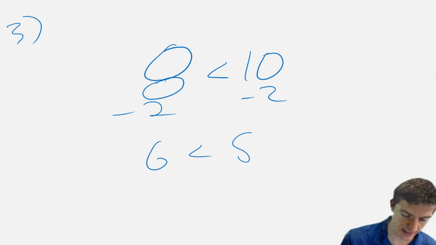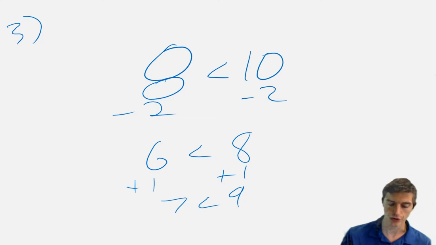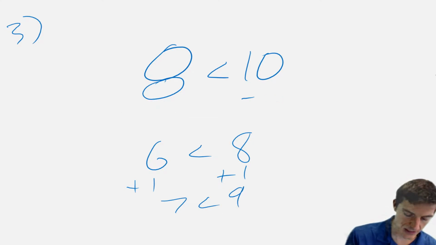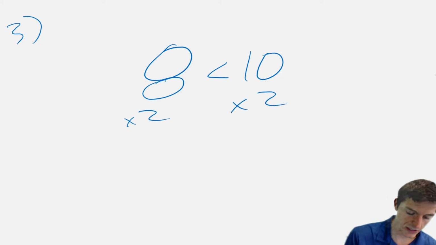Yeah, 6 is still less than 8. And if I added 1 to each side, everything plays by the rules, right? That's still true. But what happens if I take this original one and multiply by 2? Still, everything's good. 16 is less than 20.